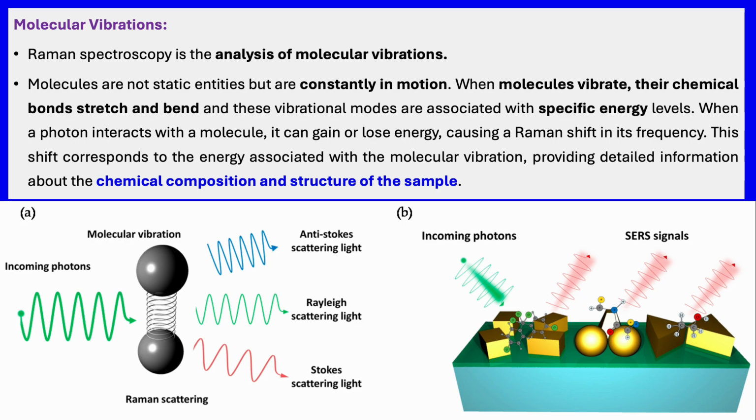The third case is here, when a molecule which is still in the excited state comes in contact with a photon and interacts with the photon, it reaches the virtual state, then again it comes down to the ground state. Here the frequency of the laser light is less than the frequency of the scattered light, and this is called anti-Stokes scattering. Here the scattered light has more energy than the incident light, creating anti-Stokes Raman.